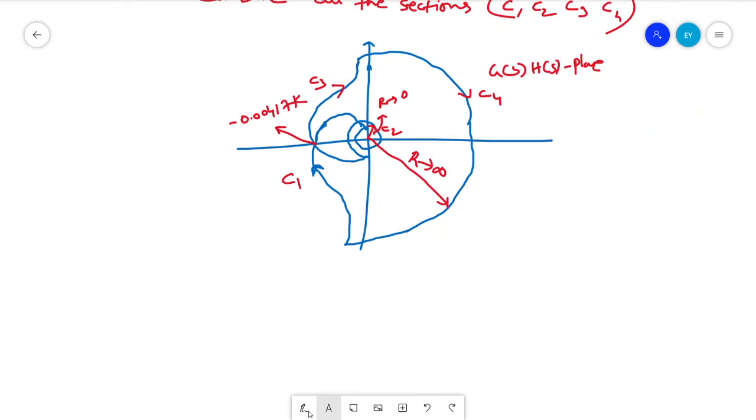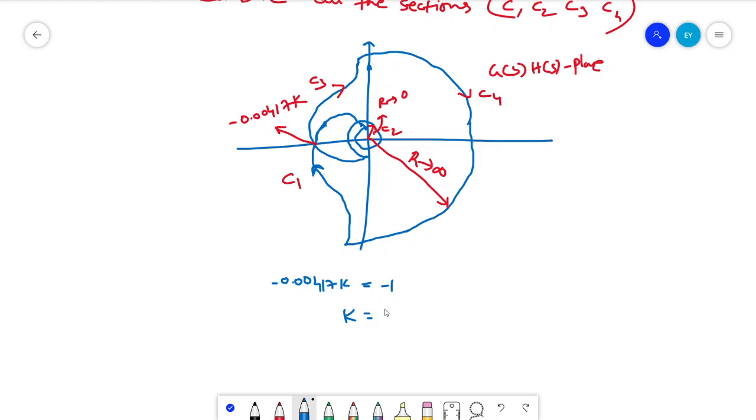So from the plot, stability analysis: consider this point, -0.00417 K is equal to -1, because we are considering the critical point as -1 + j0. So since we are considering the real parts, the K we get here is 240. If you compute, K will be 240. So at this particular point, K will be 240.